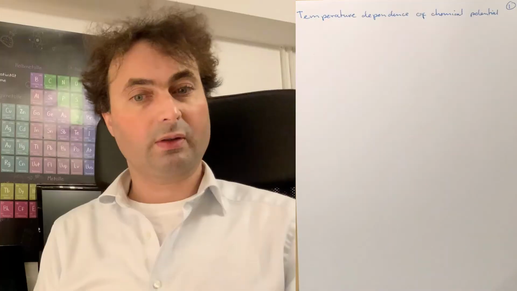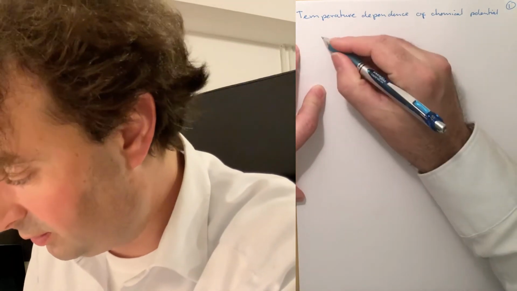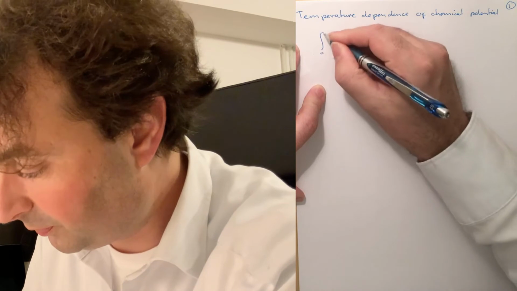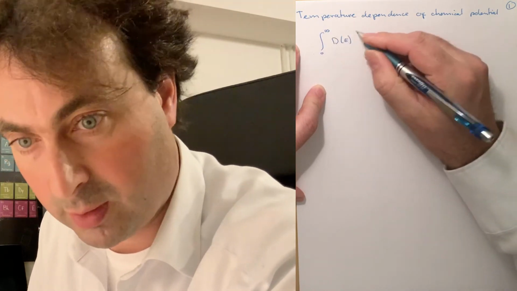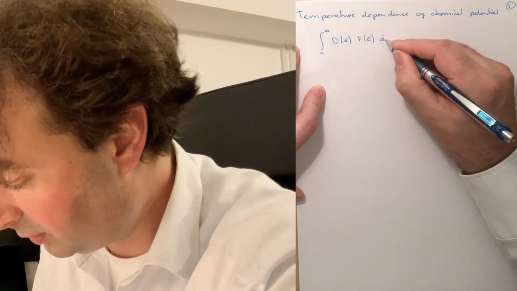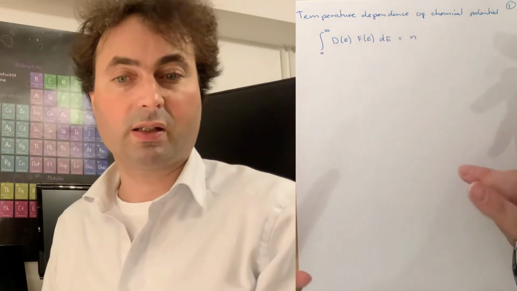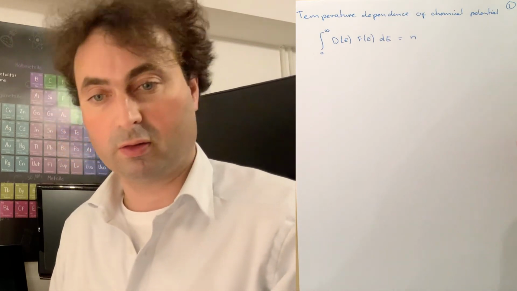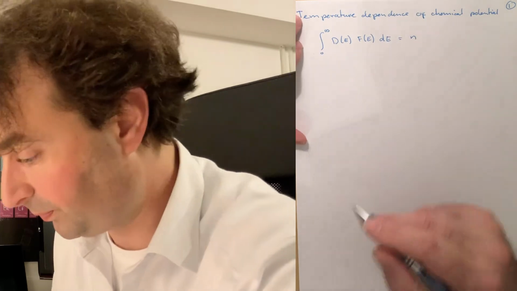When we look at the number of particles that we have and we want to express them in terms of the densities of states and the Fermi-Dirac distribution, which depends on the chemical potential, then we know that an integral over the densities of states times the probability to have a state at that energy occupied, integrated over all energies, must be equal to the total number of particles.